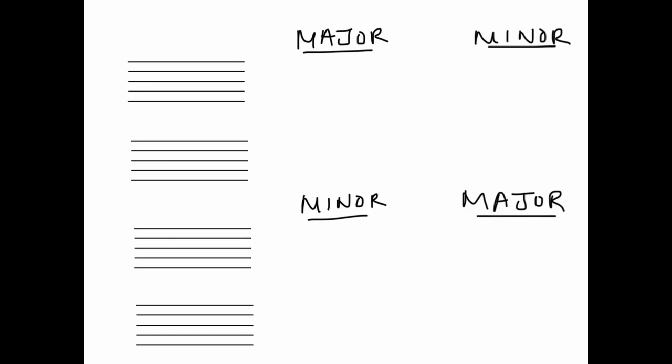Now let's try some exercises, and if you have the worksheets, you can follow along. Let's start with finding the relative minor of a major scale. And let's start with A major. Now it will help to write out the key signature first. So A major has 3 sharps.